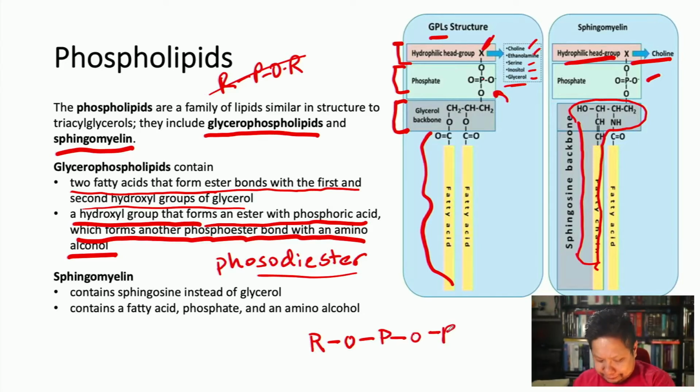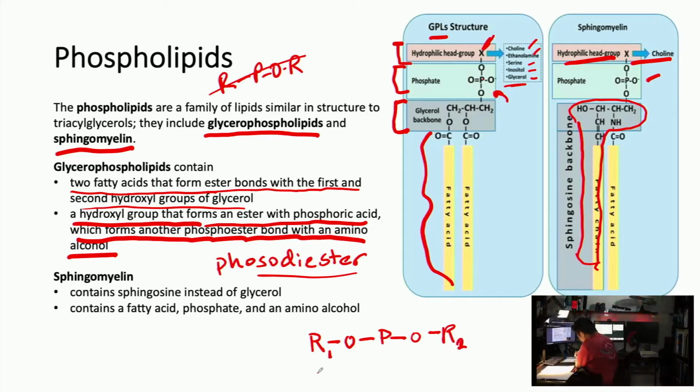There we go. So in the case of the glycerol phospholipid right there, we'll call that R1 and R2, rest of the molecule 1, rest of the molecule 2.